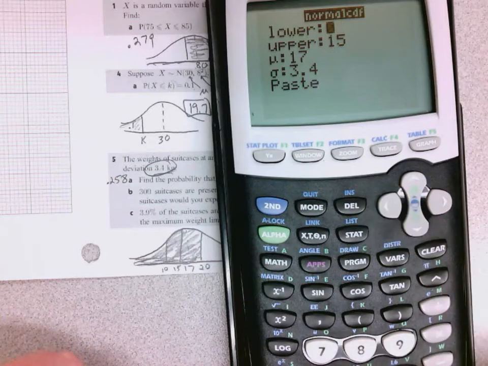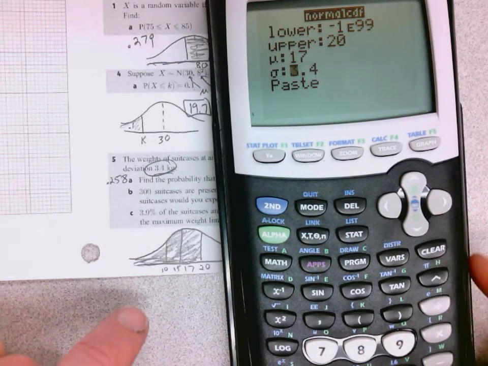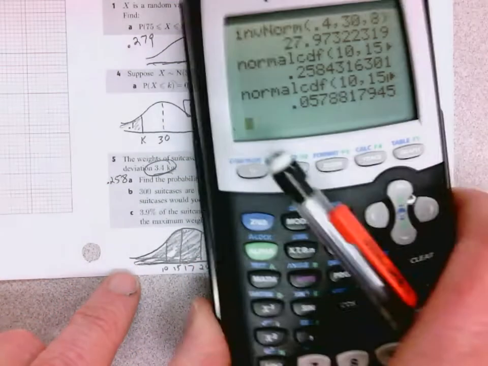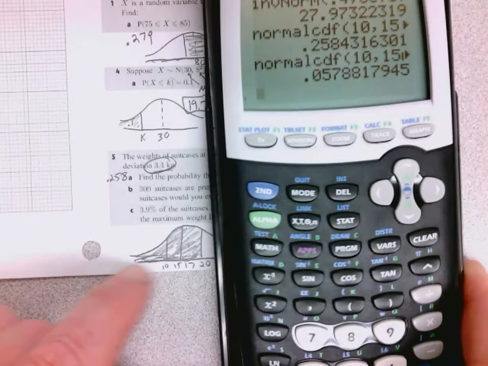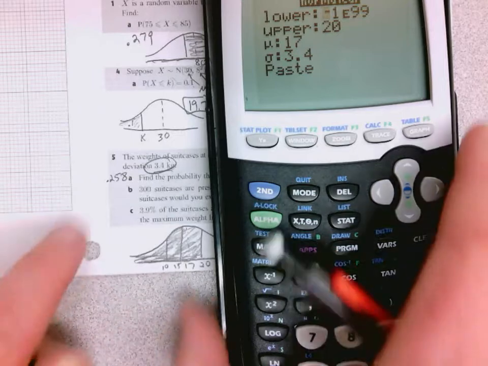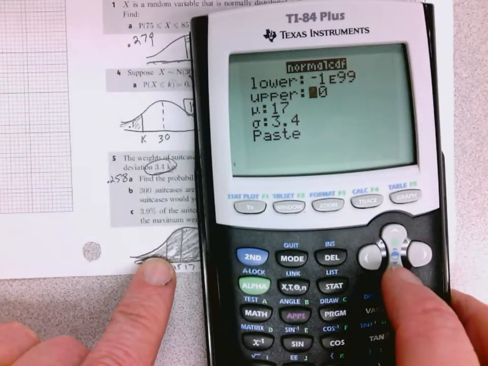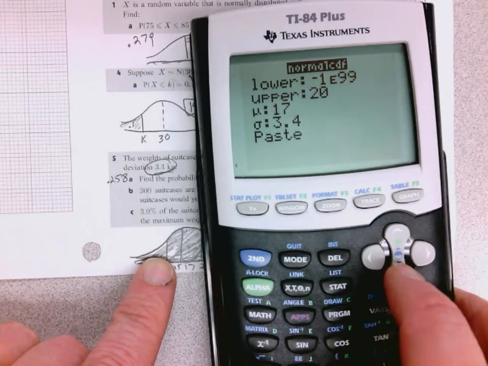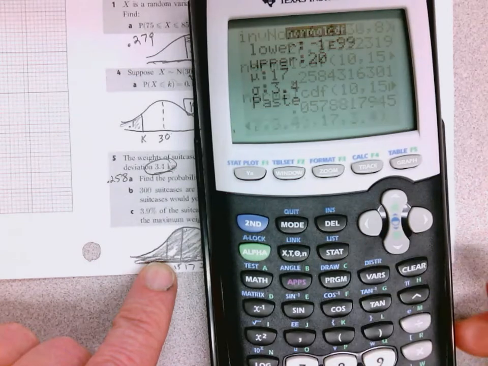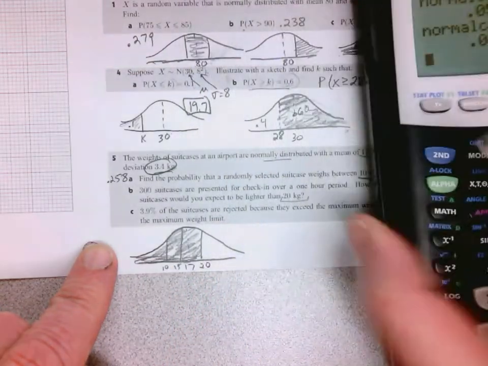Lighter than 20 means negative small to 20, same other digits. So I want to know from negative all the way up to 20. I got that in there. 0.0470.